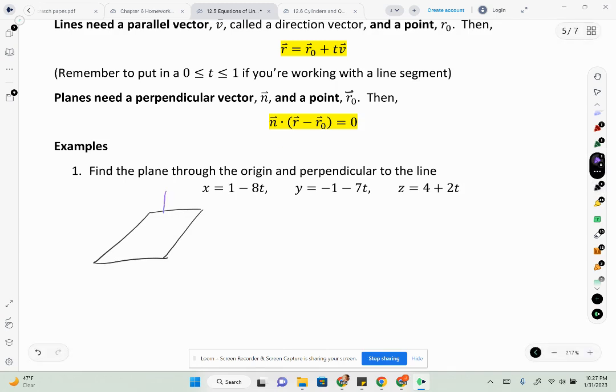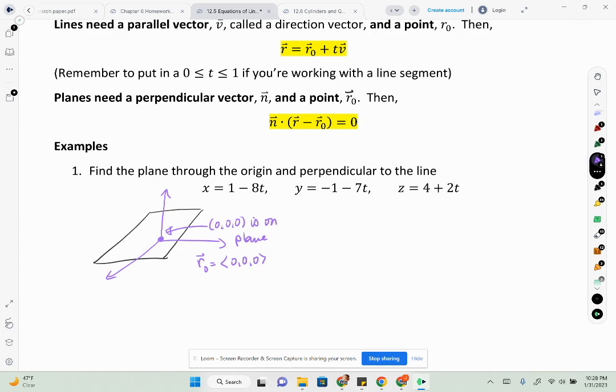So this is going through the origin. That means the origin is on our plane. That's the point 0, 0, 0. So that tells me that r naught should be 0, 0, 0. Why not? That's easy.